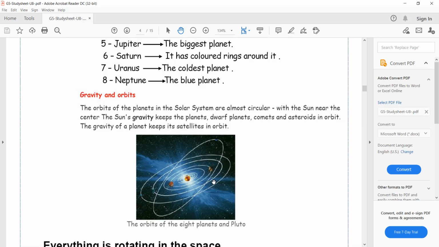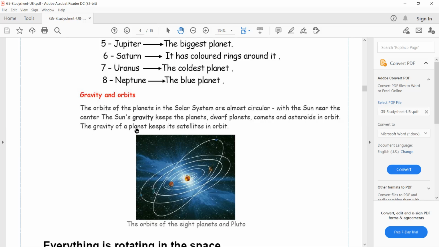It means elliptical orbits with the sun near the center. The sun's gravity keeps the planets, dwarf planets, comets, and asteroids in orbit or in revolution around the sun.